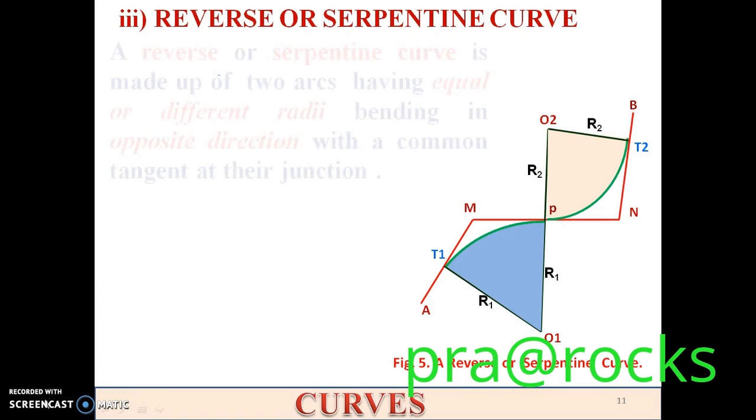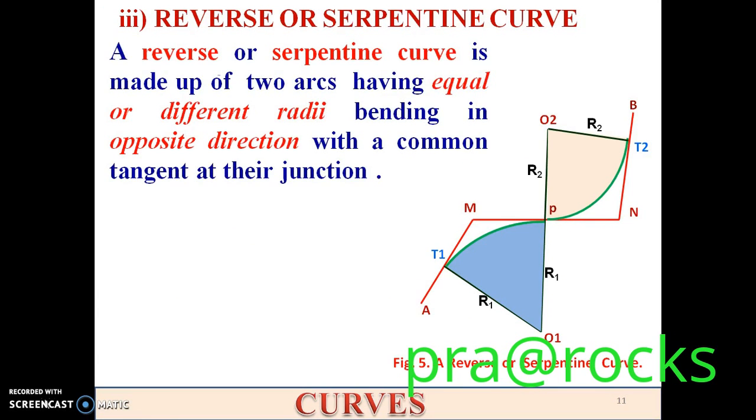And now coming to the reverse curve, otherwise termed a serpentine curve. It is made up of two arcs, and these two arcs can have equal or different radii, and they will be bending in opposite directions with a common tangent at the junction.